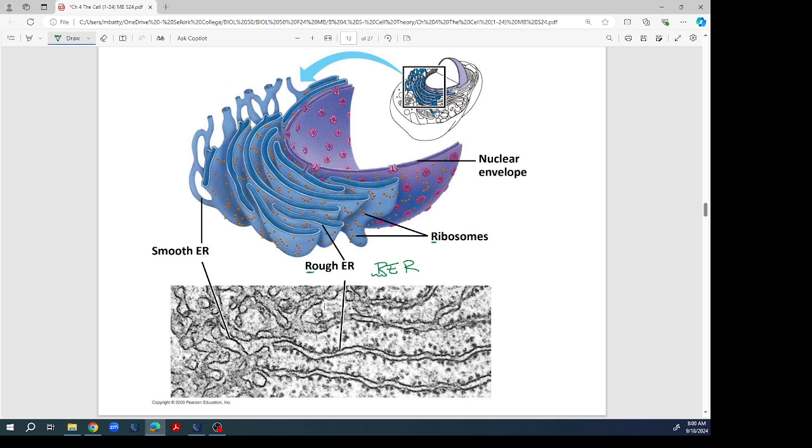So the smooth endoplasmic reticulum and the rough endoplasmic reticulum have different jobs, and those jobs are linked to the macromolecules that we talked about last day. It says this on the next slide, but the smooth endoplasmic reticulum is key for making more lipids. And the rough endoplasmic reticulum, those ribosomes, are where proteins are made. And so those two macromolecules were important when we did chapter 3, and we're going to carry on linking them into the functions of the cell.